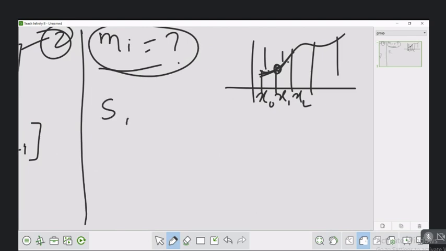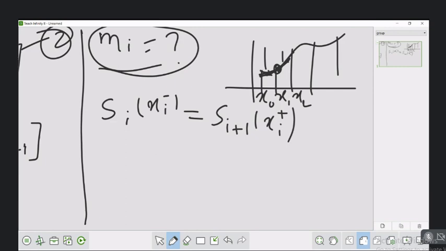Si at xi, the left hand limit, should be equal to si plus 1 at xi, the right hand limit. For example, suppose this is xi, s1. Its left hand limit should be equal to the right hand limit of s2. So this is what is written.